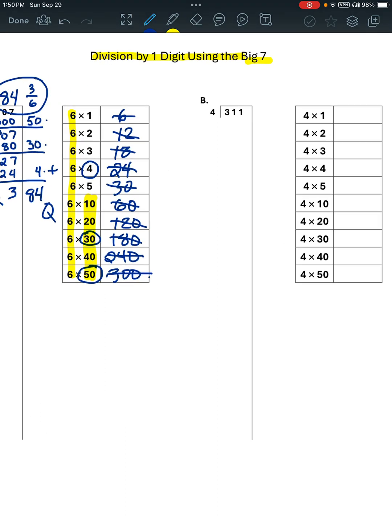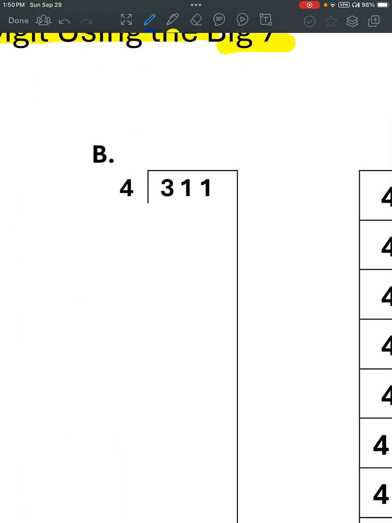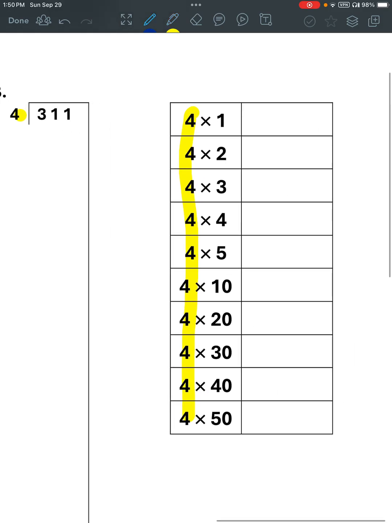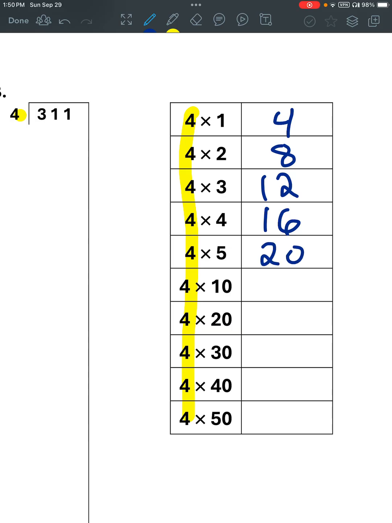Example B. In example B, we are dividing by 4, so we're going to make a multiplication table with our 4 facts. 4 times 1 is 4. 4 times 2 is 8. 4 times 3, 12. 4 times 4, 16. 4 times 5, 20.